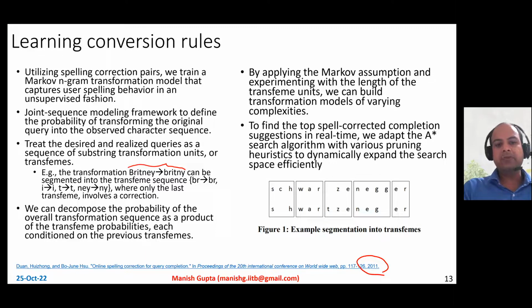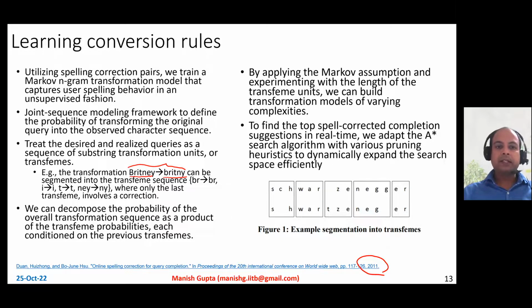So basically, there are queries where the original query was something, and then there is another query, right? And you want to essentially learn from these small conversions, if you want to correct a particular word to another word, what is the kind of rule that makes sense?